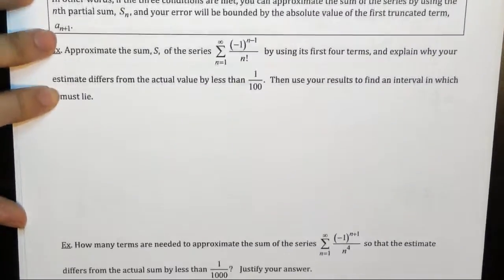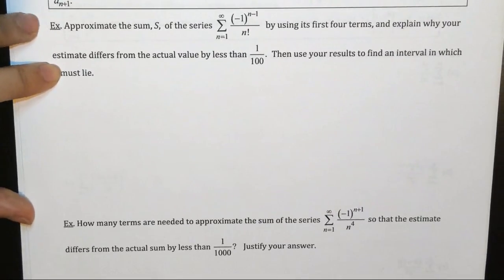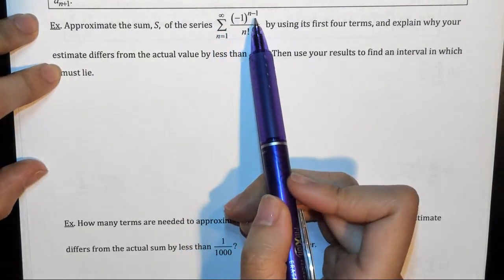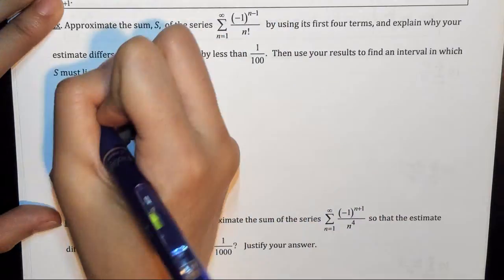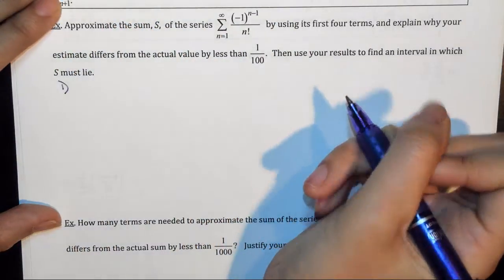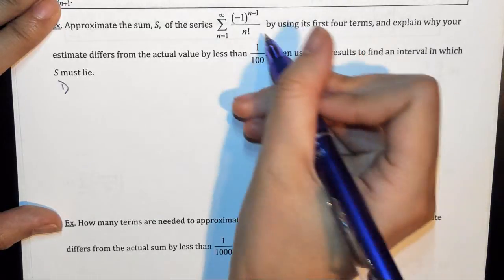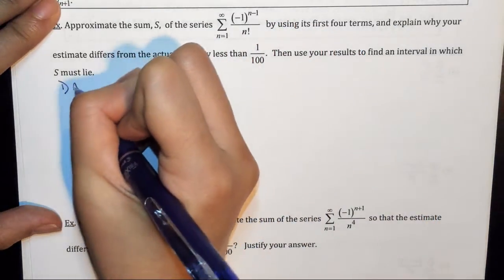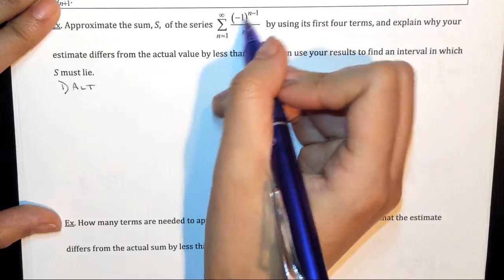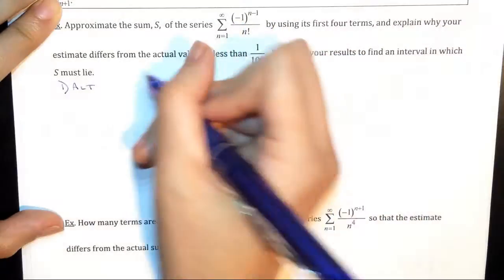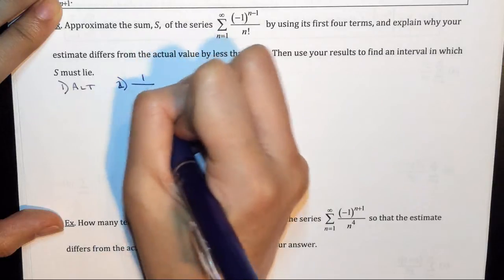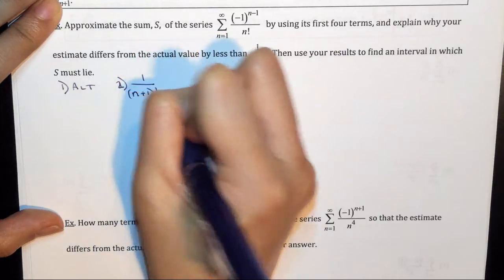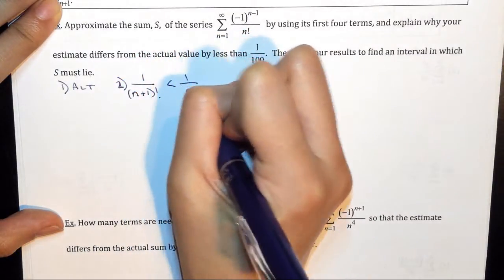Let's say that we have this series right here, negative 1 to the n minus 1 over n factorial. Now, we can prove that it's convergent by the alternating series test by saying that it is alternating. That's the negative 1 to the n minus 1 part. It is decreasing because 1 over n plus 1 factorial is less than 1 over n factorial.